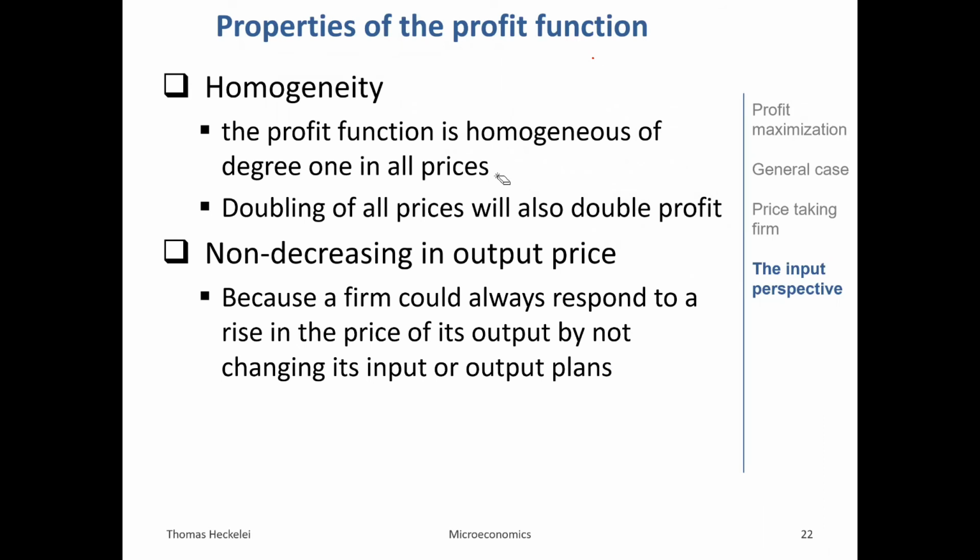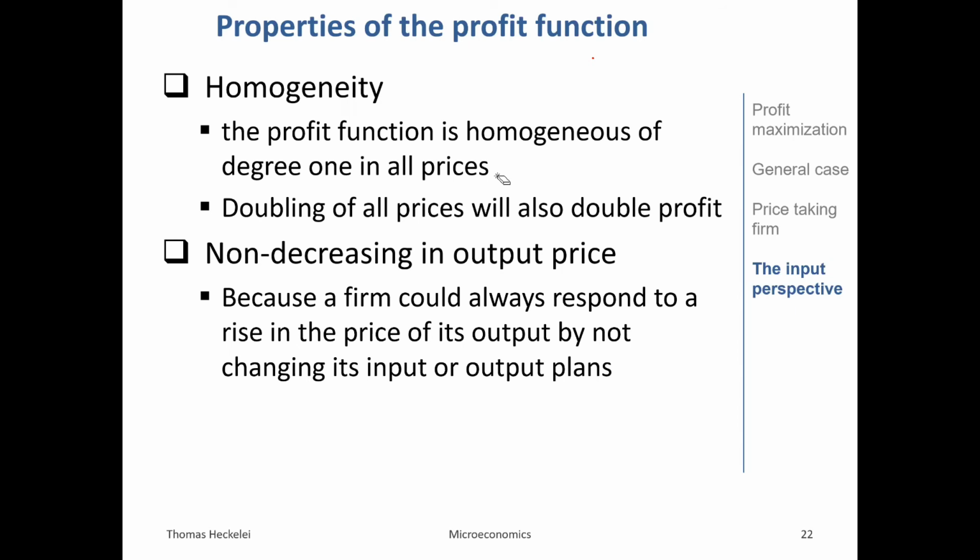The first property is homogeneity. By construction, if you have done everything correctly to arrive at the profit function up to now, then it should be homogeneous of degree 1 in all prices.